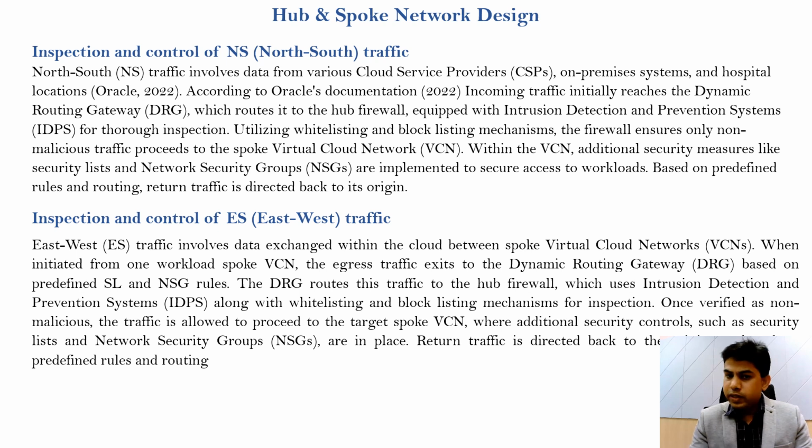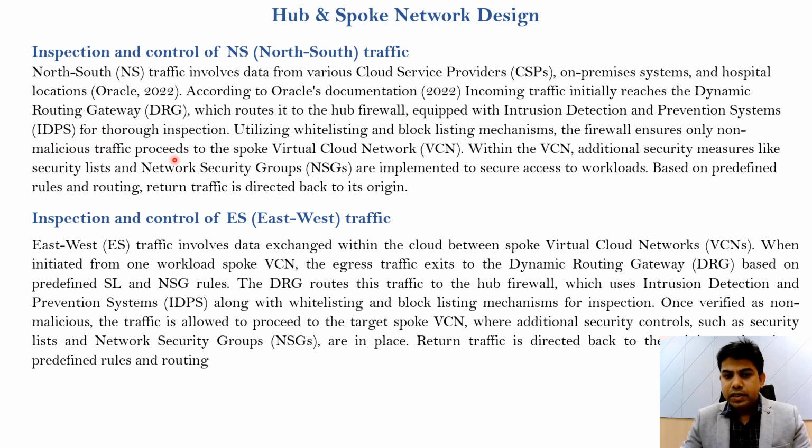So hub and spoke network design. This is what exactly we have seen in the network architecture diagram. Inspection and control of north-south traffic: the traffic will hit the DRG, and the DRG will forward the request to the intranet firewall.